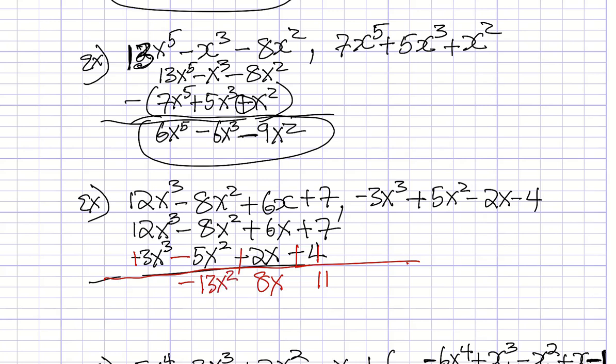That would be 15x cubed. Okay, so you can do it like this. This is plus here. So you can do it that way if you like, if it helps you, because you end up with the same thing, man.